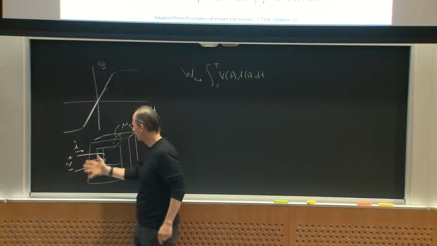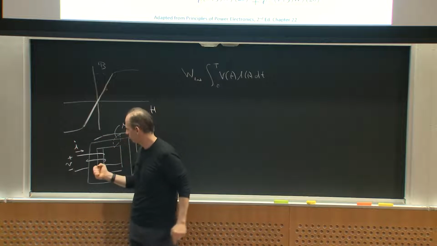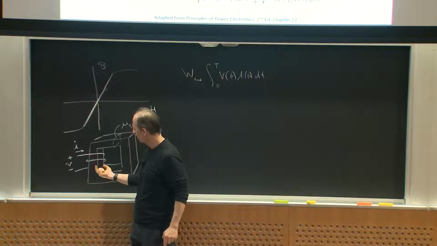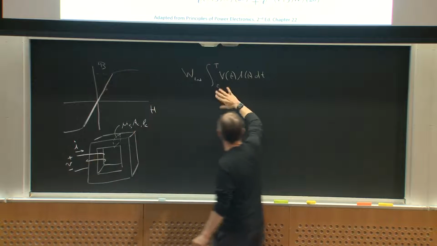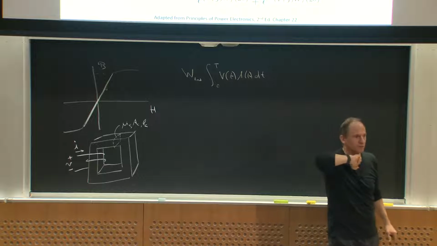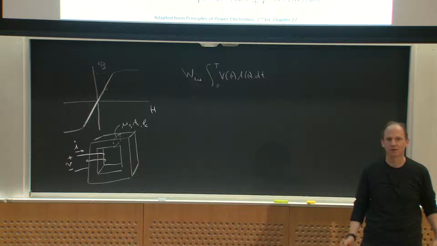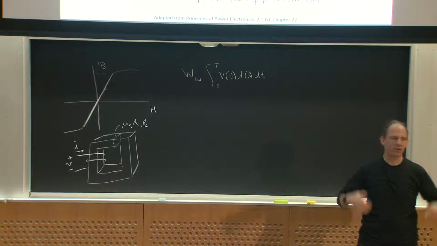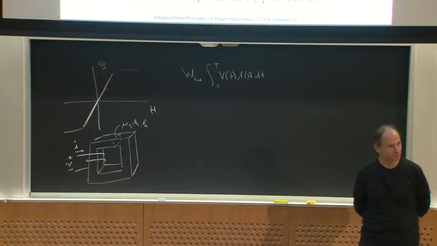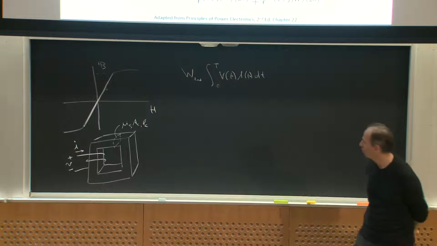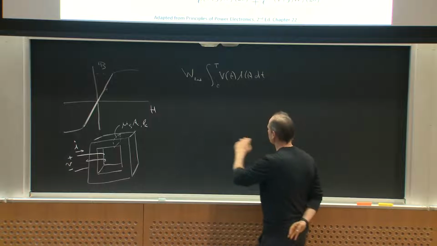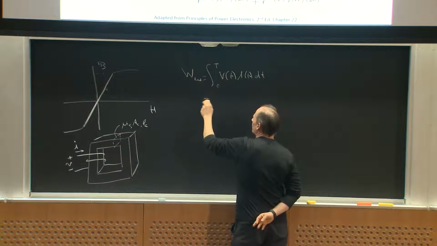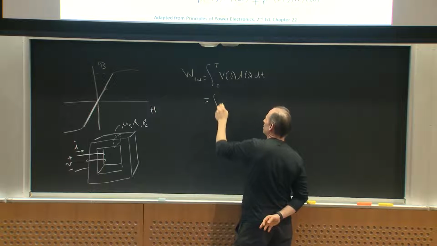And if there's any loss in this system in the core, right, I will have an integral of VI that would be not zero, right? Ideal inductor, of course, that ought to be zero. But if I have loss, it won't be, okay? And what does this look like? Well, let me rewrite this in magnetic terms, right?